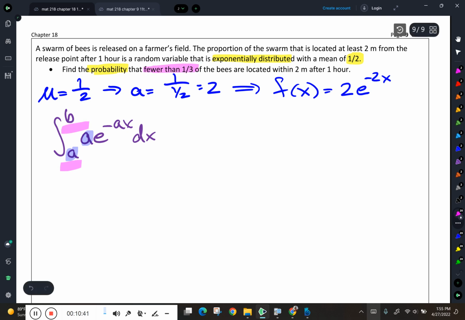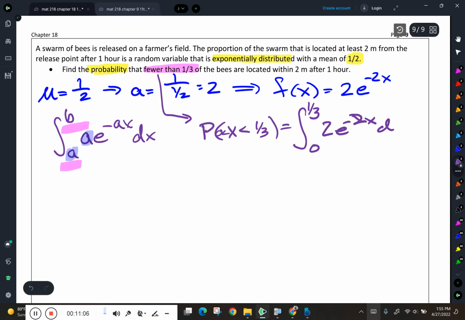Now, if they want fewer than 1/3, that means 1/3 is a max. But I know with these guys that it can't go below 0 either. So that tells me that my integral is going from 0 to 1/3 of my probability density function.